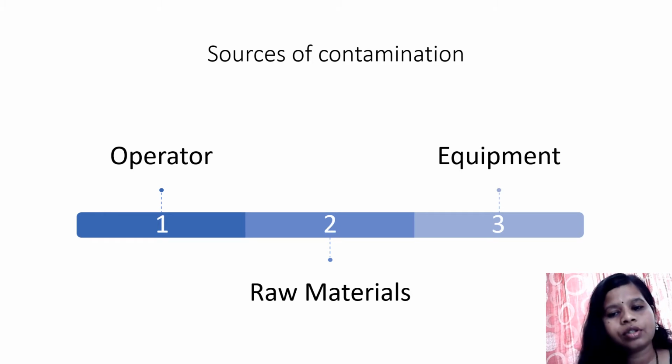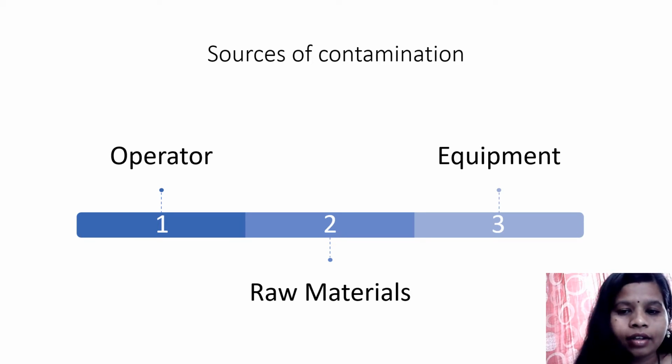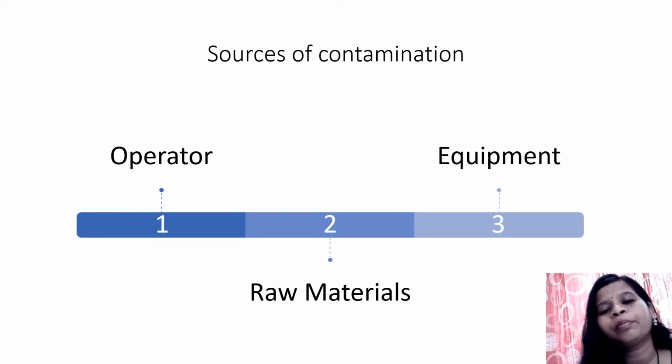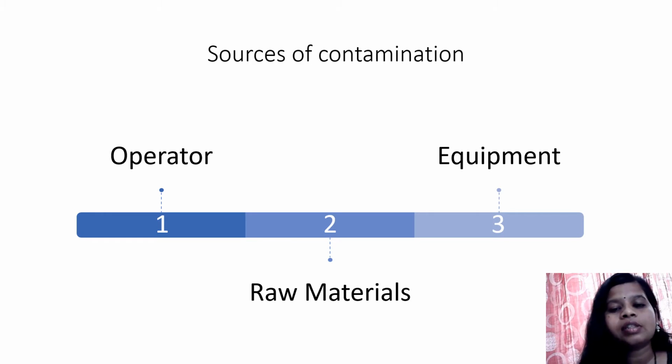Operators who are present as a supervisor, or who are actually performing any process of the formulation or evaluation, are considered a major source of contamination if the personnel is not properly trained, or although trained, has not taken the training properly or has some lacking in the training.